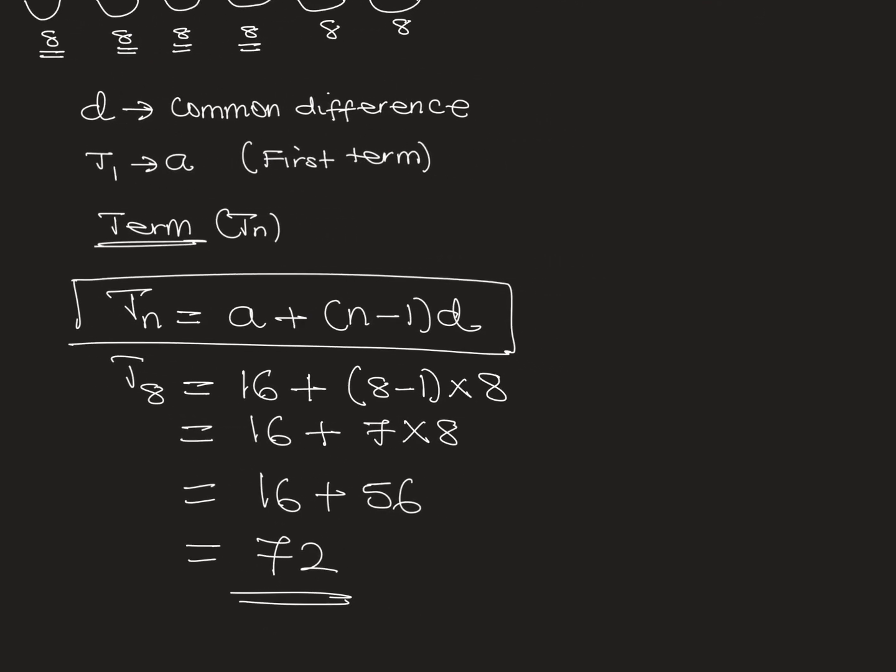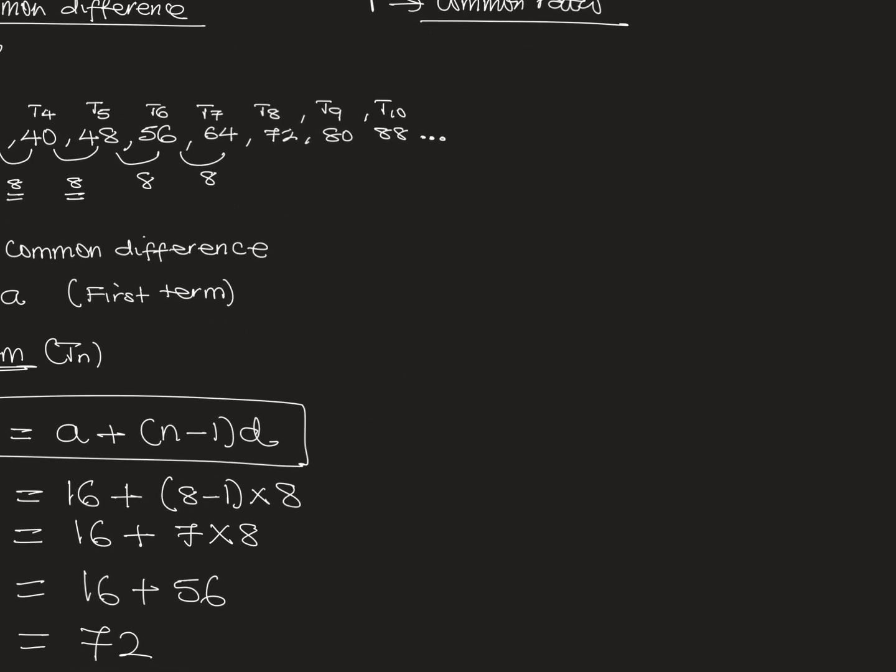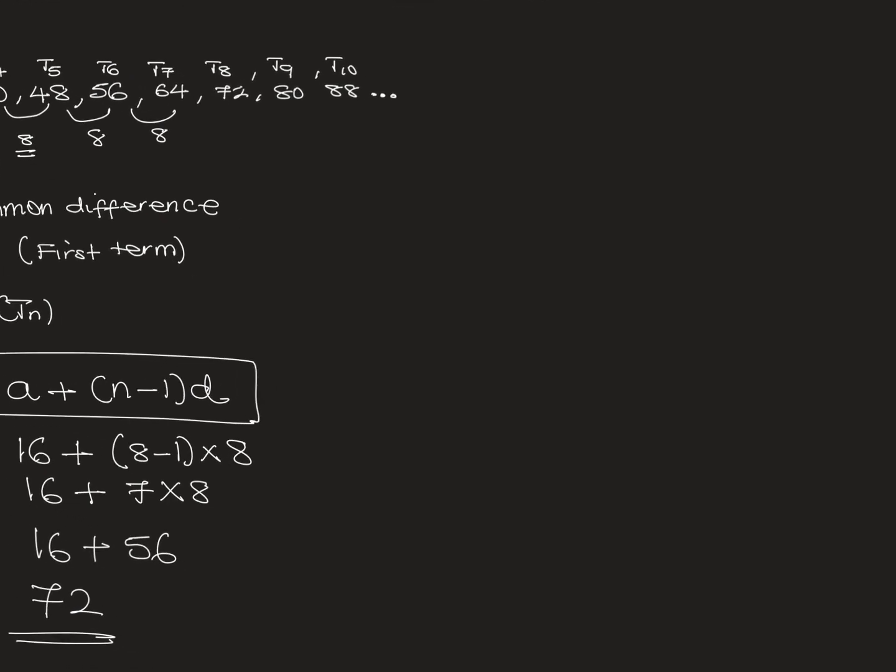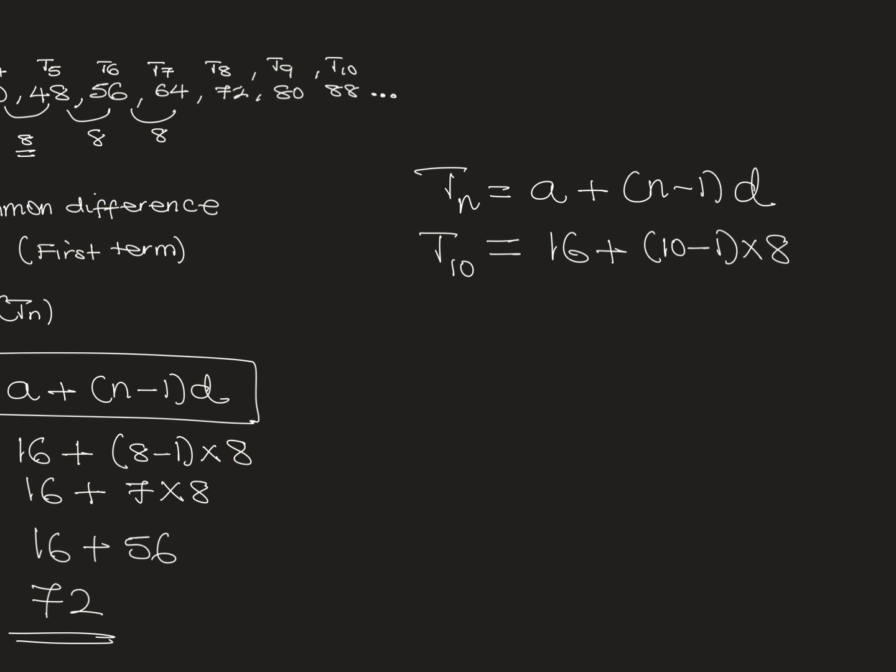Again, let's say I want to find the 10th term. The 10th term, using the formula, t sub n is equal to a plus n minus 1 times the difference. The 10th term, t10, will be a, which is 16, plus the n is going to be 10 because we are finding the 10th term, minus 1 times the difference is 8.